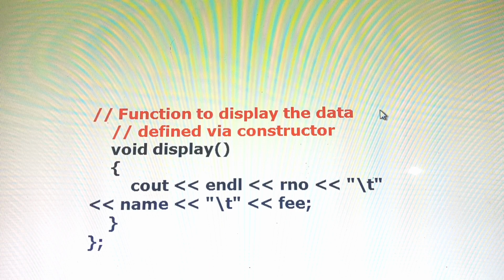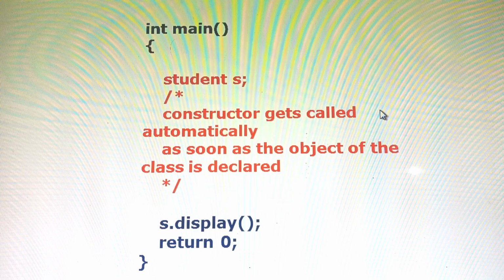Then come to the main program. First you have to create the object with the class name Student, space, s. The object is created. As soon as the object of the class is created, the constructor gets called automatically.